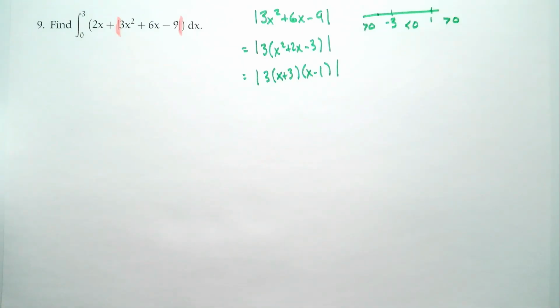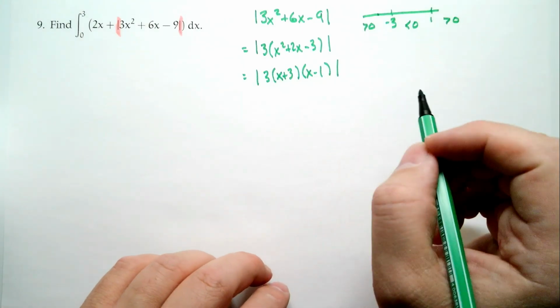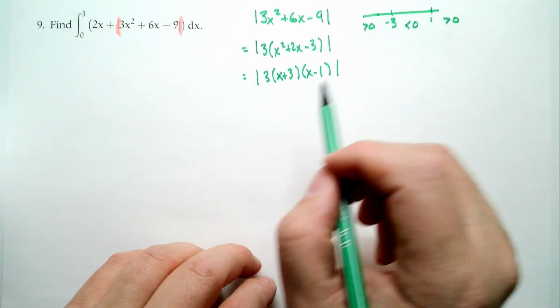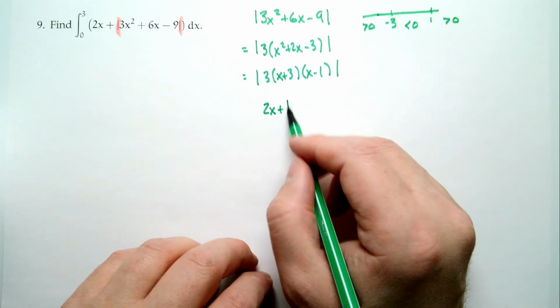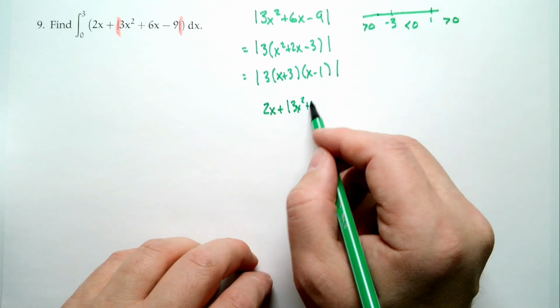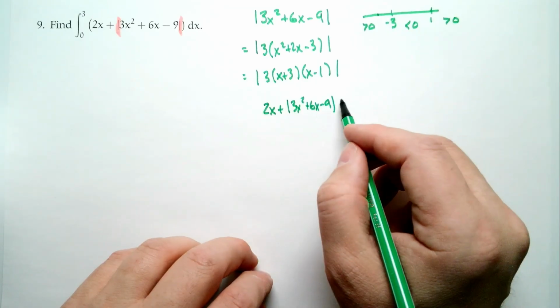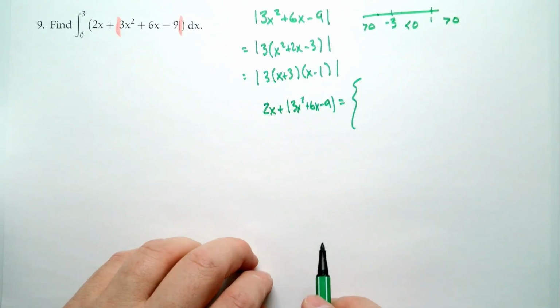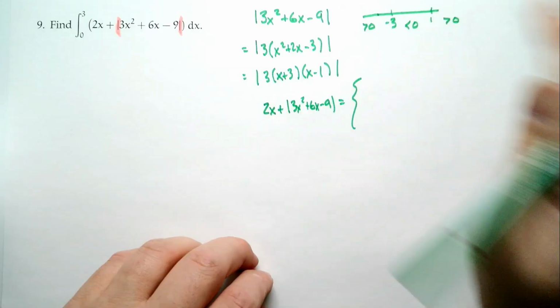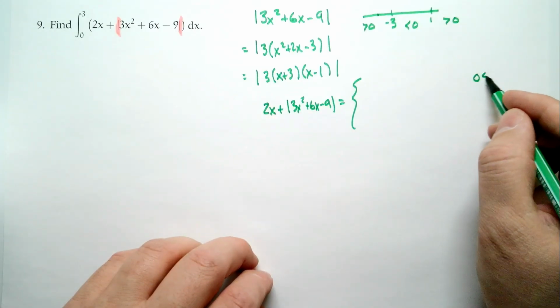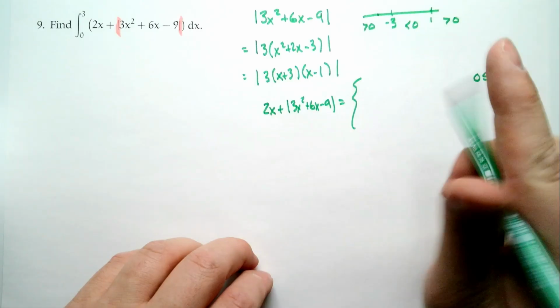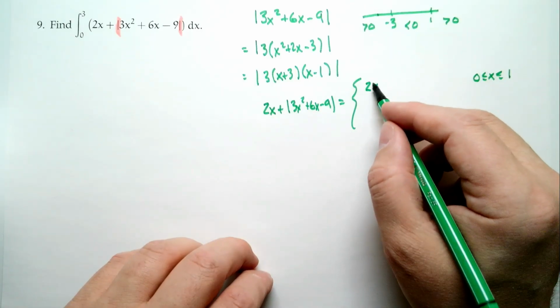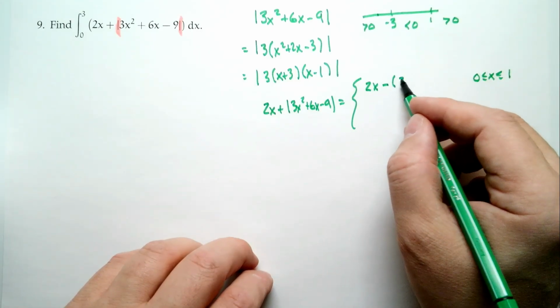So we say, okay, all right. So here's what we can do. We say, all right, this expression 2x plus the absolute value of 3x squared plus 6x minus 9 will break into two possibilities. Before 1, which I'll say is between 0 and 1, this expression on the inside is negative, so what we should do is we should subtract it and then drop the absolute value.